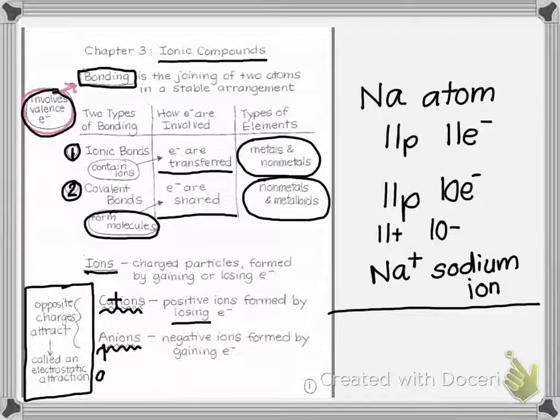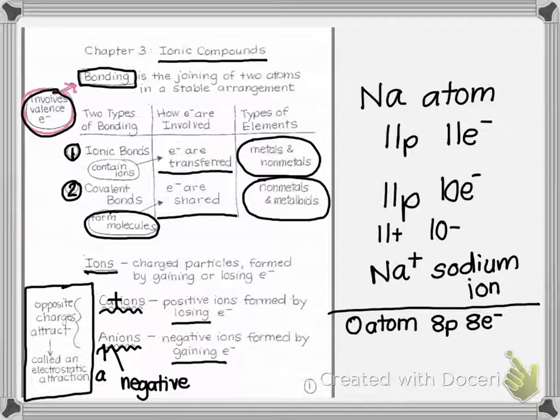And I think of anions as A, and then the N makes me think of negative, and then the word ion. So anion, I think of a negative ion. And negative ions are formed by gaining electrons. So if I have an oxygen atom, and oxygen has an atomic number of 8, which means it would have 8 protons and 8 electrons, because in an atom, protons and electrons are equal.